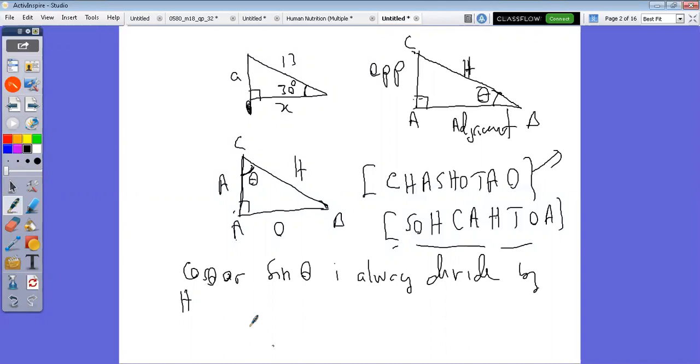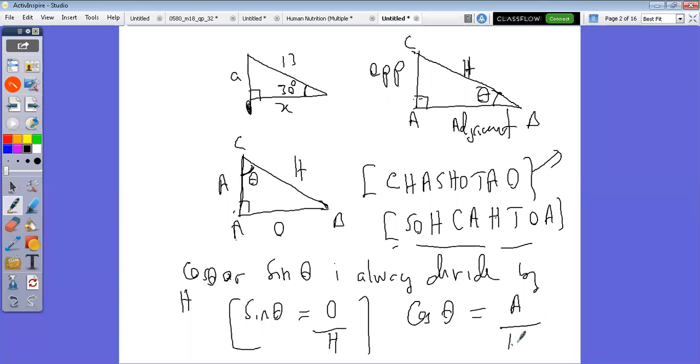Are we together? I always divide by the hypotenuse. So cosine theta is always adjacent over hypotenuse.